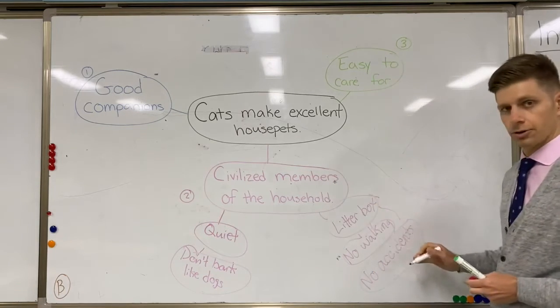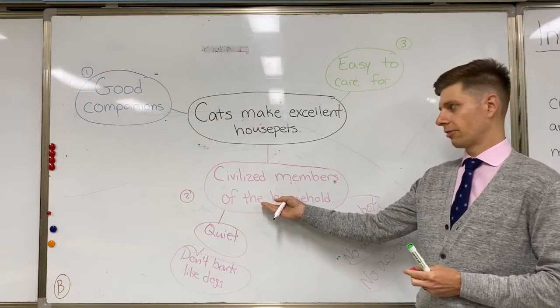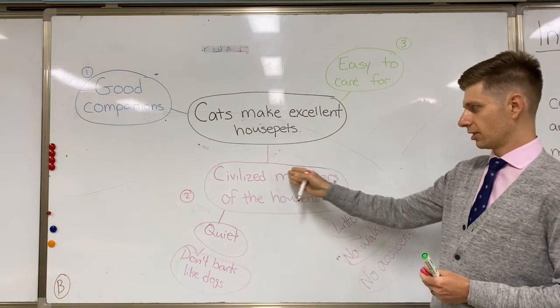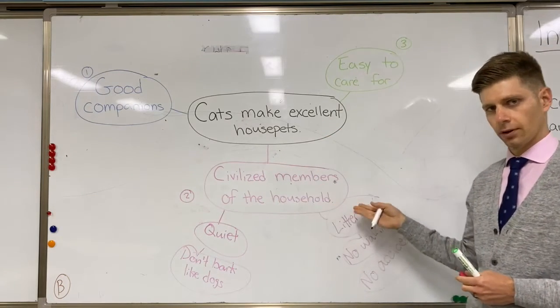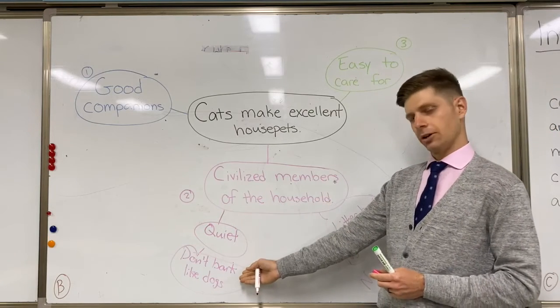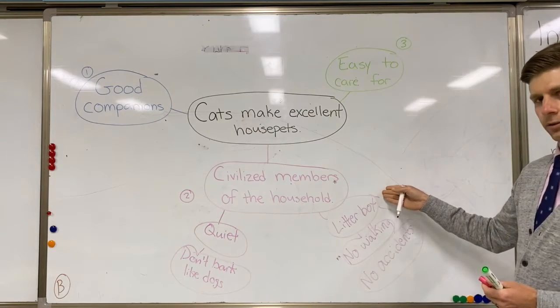So we have our supporting details for our paragraph, right? Cats make excellent house pets because they're civilized members of the household. And how do we know that? Well, they're quiet, they don't bark like dogs, and they use the litter box, right?